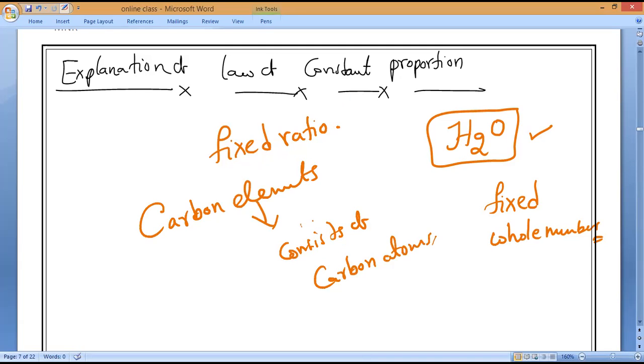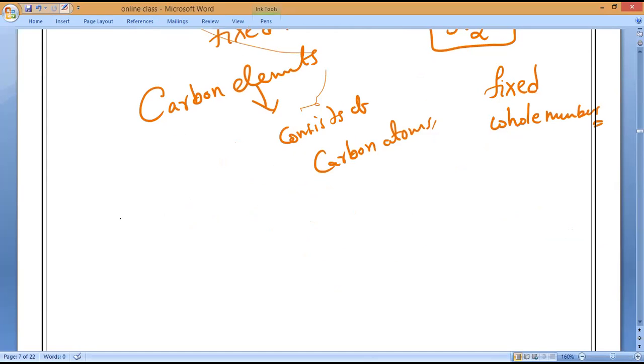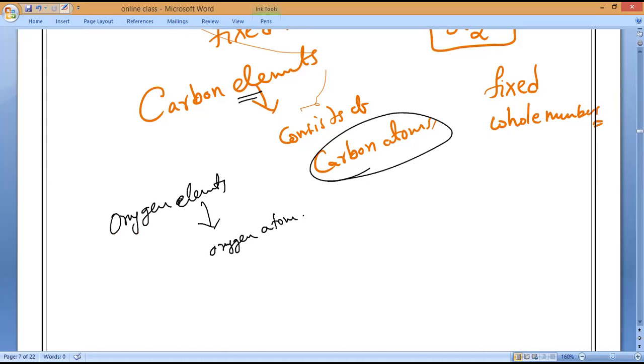If we take oxygen element, what does it contain? Oxygen atoms. Do you understand it? Now, carbon element contains carbon atoms. Oxygen element contains oxygen atoms.